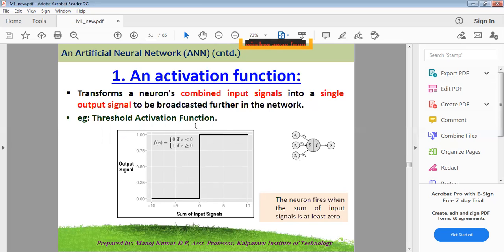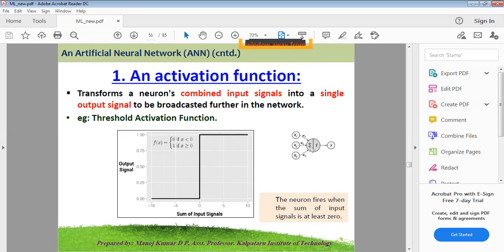Example: threshold activation function. You see here the graph represented for the threshold activation function. The sum of all the inputs starting from -10 to 0 is calculated to give the output that is 1. Sum of all the inputs: how many inputs are you having here? W1X1 plus W2X2 plus W3X3. Everything you have to sum.